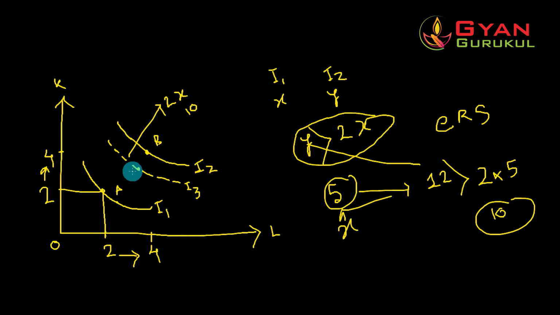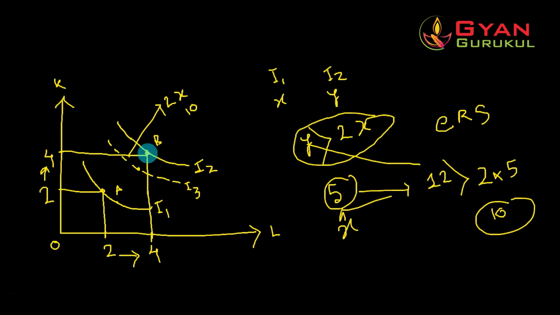But at this curve we don't get the combination of 4 units of labor and 4 units of capital. This combination is not achieved here. This combination is achieved only at this isoquant, that is I2, right?